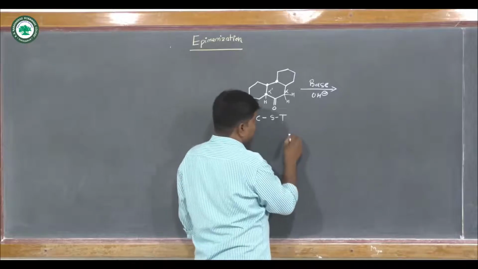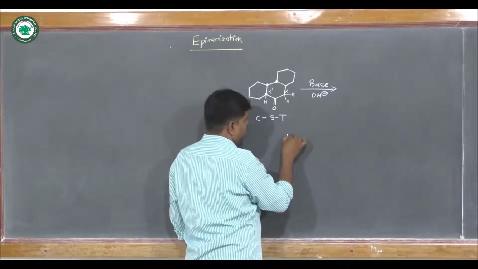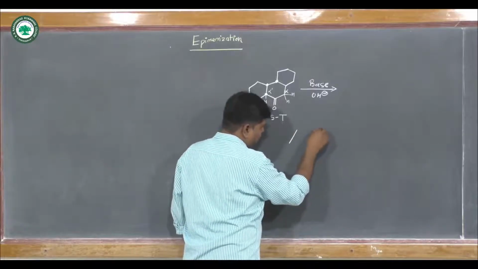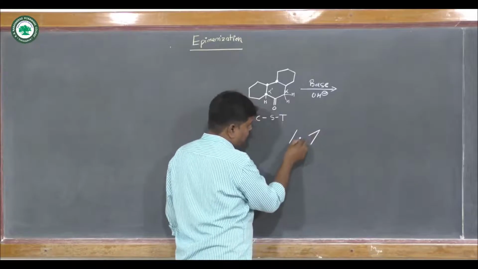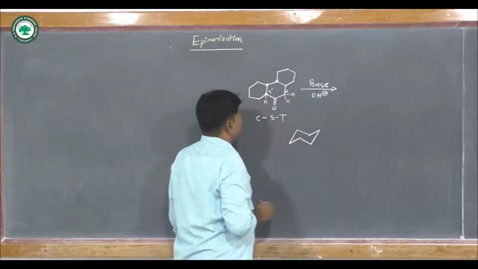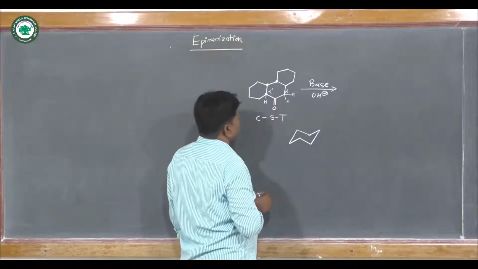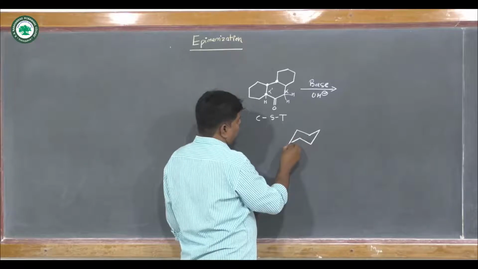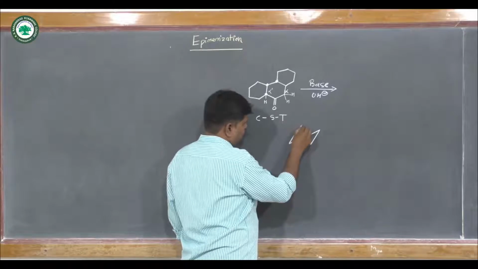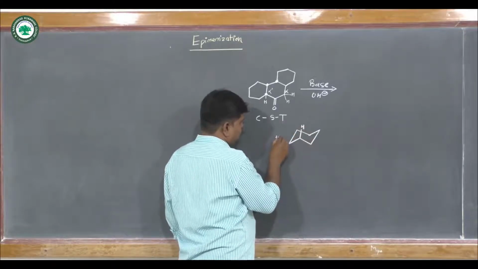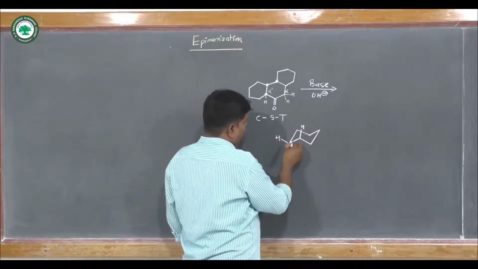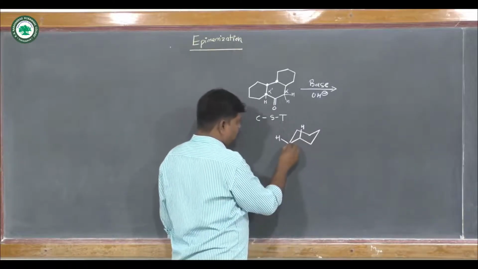But first we try to write its chair conformation stereochemistry. This is the chair conformation. Suppose these two protons are one hydrogen and a second hydrogen, and between these two carbon atoms we put a ring.